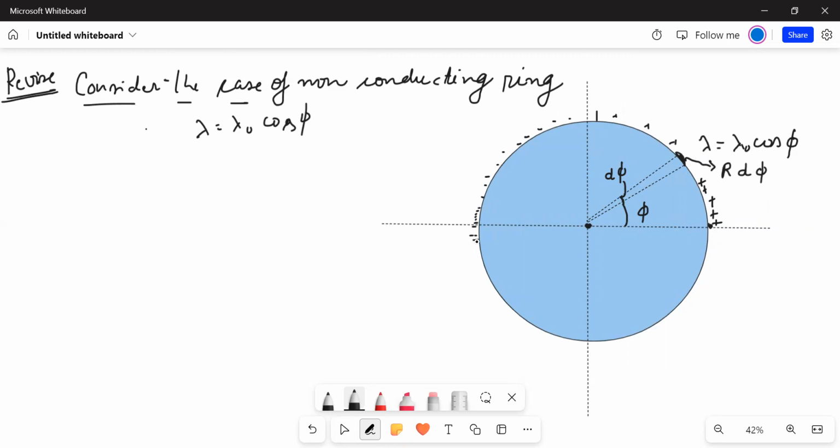Then this charge density would scatter down, and around 3 pi by 2 there would not lie any sort of charge, basically because the charge density depends upon phi. Here you will have a good amount of charge density, and then it will start weakening as phi progresses.